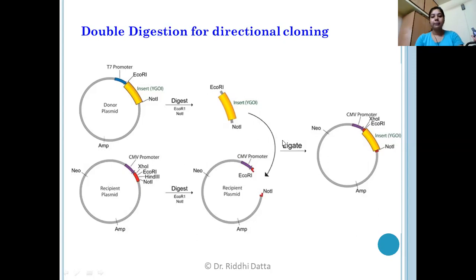This is the easiest way. But we can always use two blunt end enzymes, but in that case we have to phosphorylate and dephosphorylate the ends during ligation to ensure directional cloning. So that will add up some extra steps in our cloning. So for most practical purposes, we either use two sticky end enzymes or one sticky end and one blunt end enzyme.